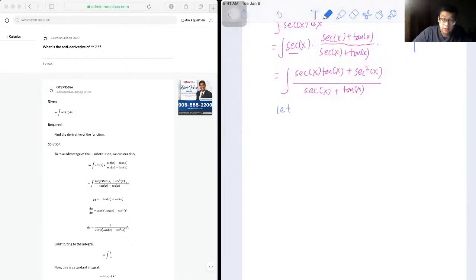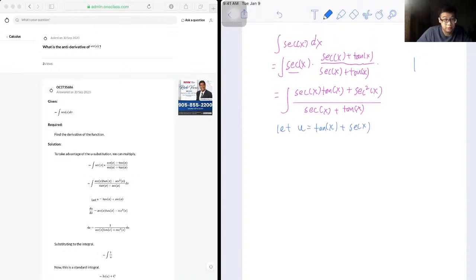So let u equal tan x plus secant x. And remember what we did previously, we need to take the derivative of u, so du dx is equal to secant x tangent x plus secant x squared.